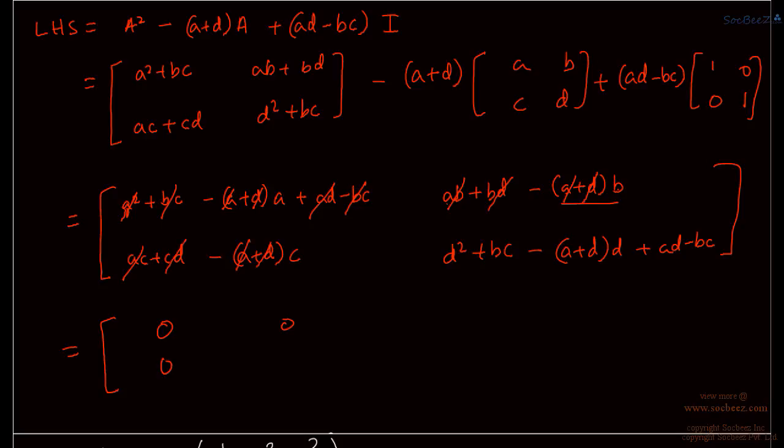And here d², and you have d² here, bc, minus bc here, and minus ad and plus ad. So you see that everything cancels, and this can be written as just 0. 0 is the null matrix here, the zero matrix of the same order as the other matrices in the question. So we see that this is indeed 0 and hence we prove it.